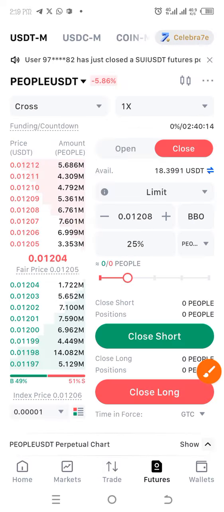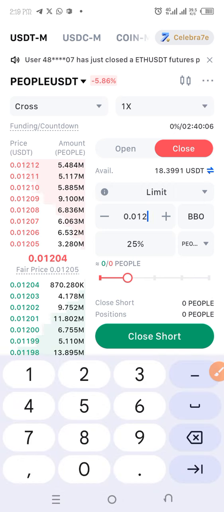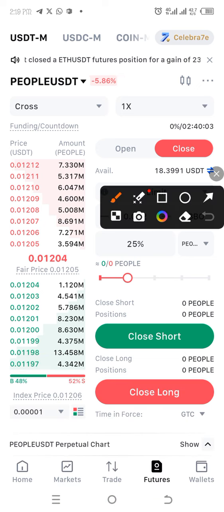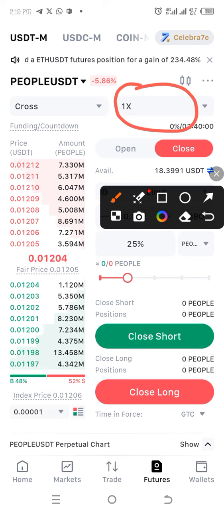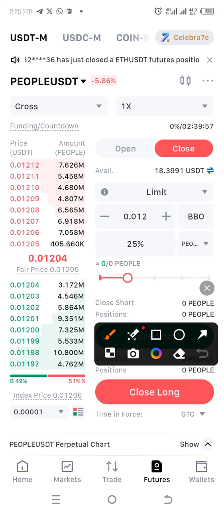Now, assuming that I predicted the market is going up before it returns back, I will put it here like this. Let's say I have set up my leverage here. I want to make use of maybe one box or something like that. I will first of all set up my limits here.